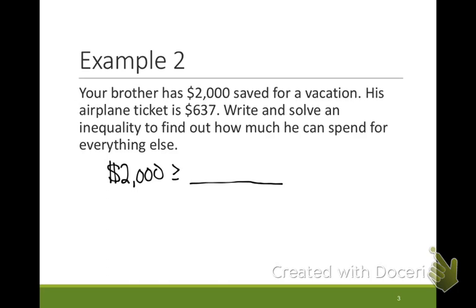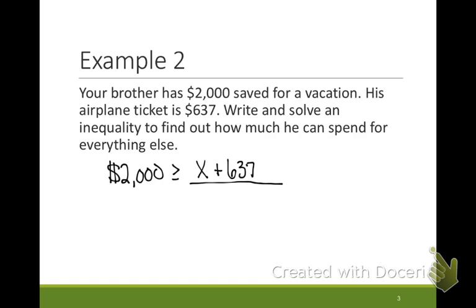So then how are we going to write the actual equation part of the inequality? X plus 637, right? Why is it not minus? Right, you're going to have to subtract it from the other side, right? So he has $2,000.